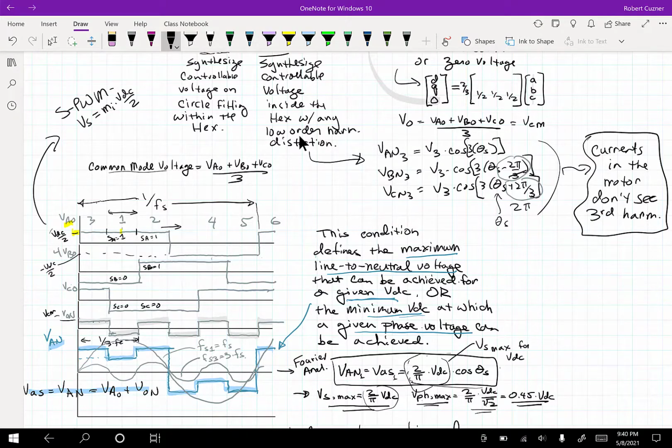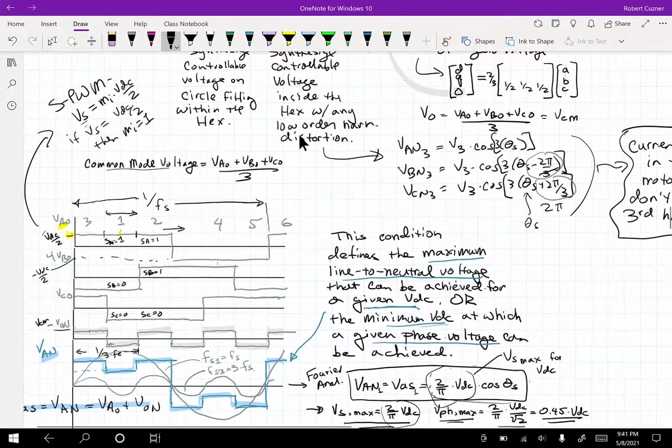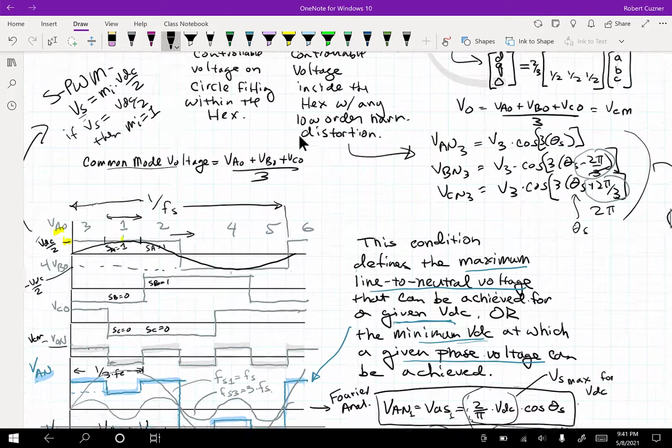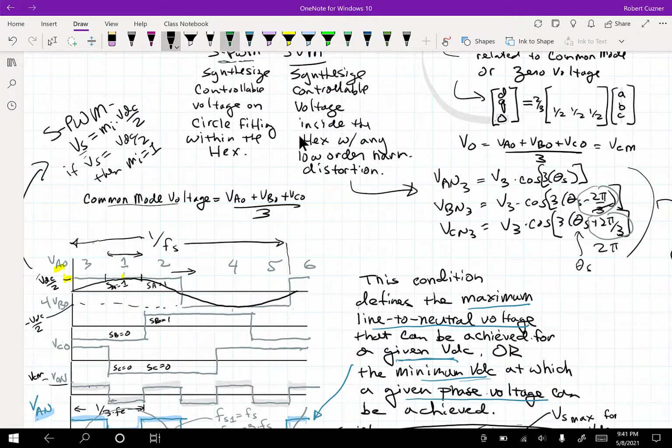And when we get to this VDC, if we're asking for a VS that's, say, greater than VDC over 2, or let's say it's equal to that, then MI is 1. That's the peak. So that would be saying I'm trying to get a voltage that's hitting right to the peak right here. So that voltage, let's change the color so we can be clear about this.